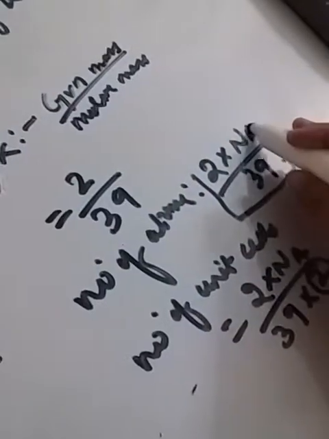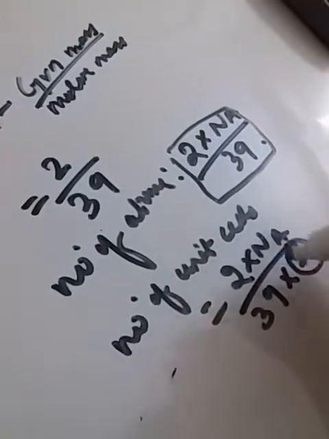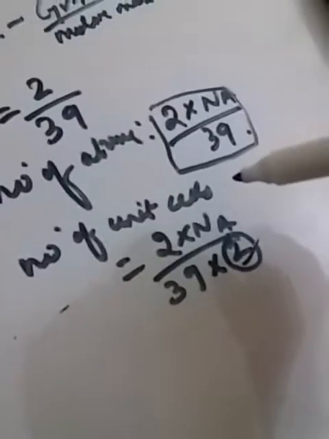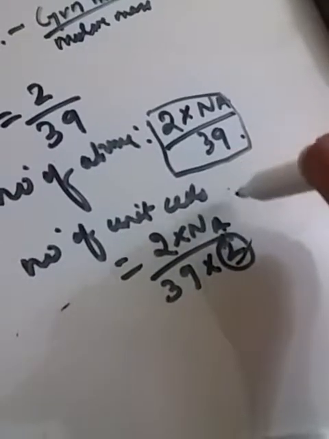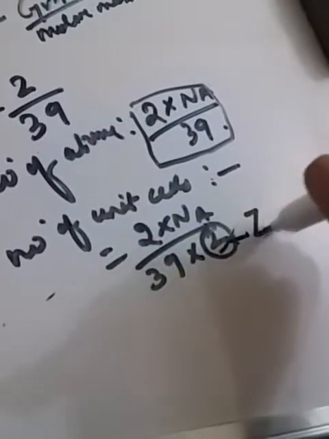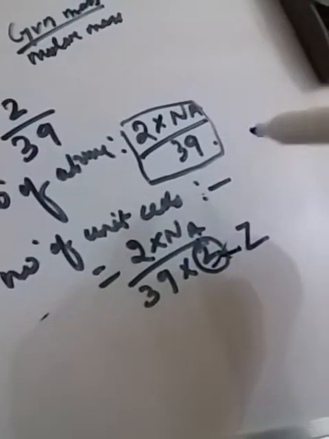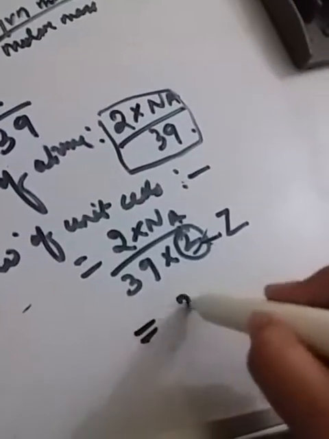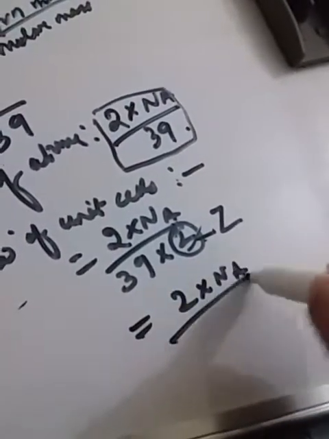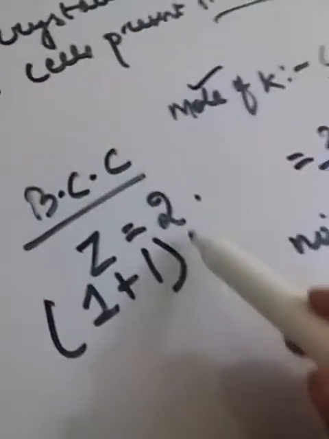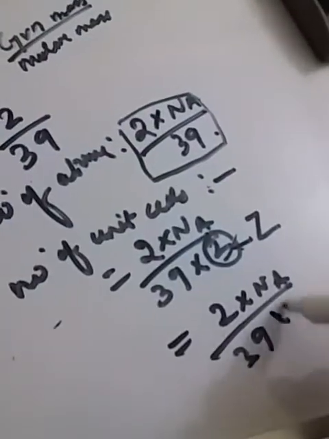Here we got the number of atoms. The number of unit cells is the number of atoms divided by Z. Here it is 2. So how will you take out the number of unit cells? Number of unit cells is equal to the number of atoms by Z. I'm sorry, I said given mass. I'm extremely sorry, it's number of atoms by Z. So 2 into Na by 39 by Z. Z is here 2, I said Z is 2, so into 2.